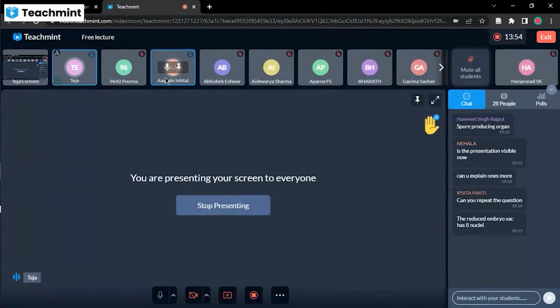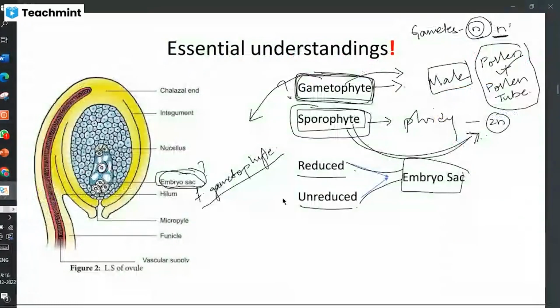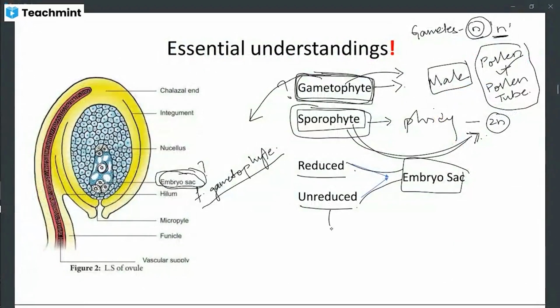That's why it is unreduced. That is called apomeiosis. Okay, so when meiosis does not take place, you generally call the embryo sac produced the unreduced embryo sac. And when meiosis takes place, this is known as the reduced embryo sac.